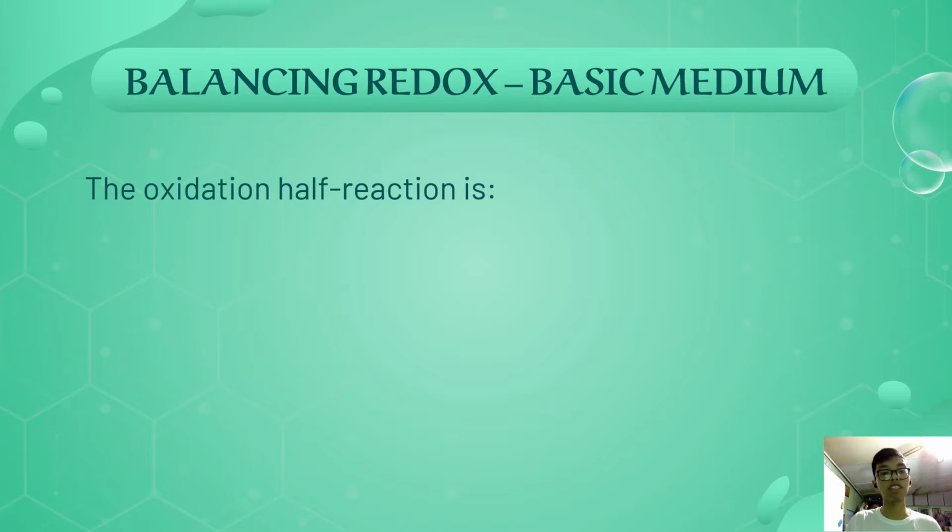So the oxidation half reaction is the SnO2 one. Why is it the oxidation half reaction? Because the oxidation number for tin here is 2 plus, while the oxidation number for tin here is 4 plus. Since the oxidation number for tin increased from 2 plus to 4 plus, there is a loss of 2 electrons here.